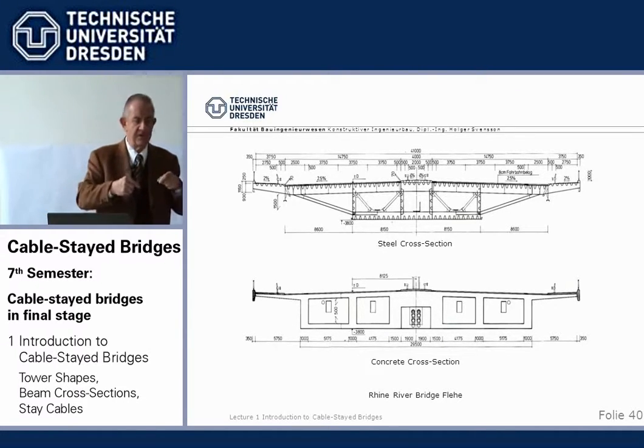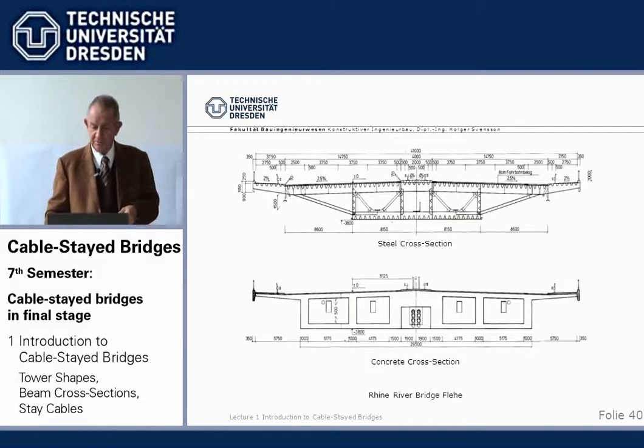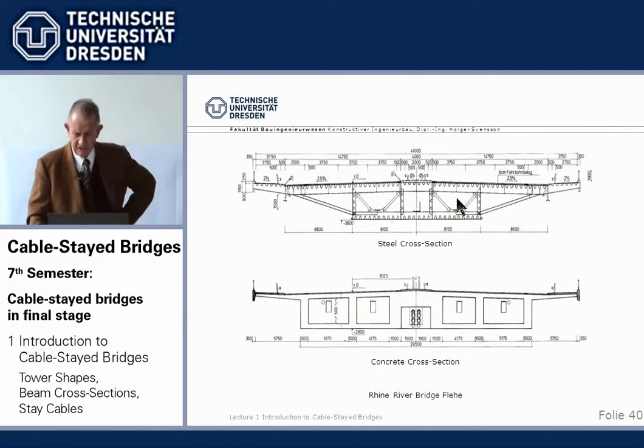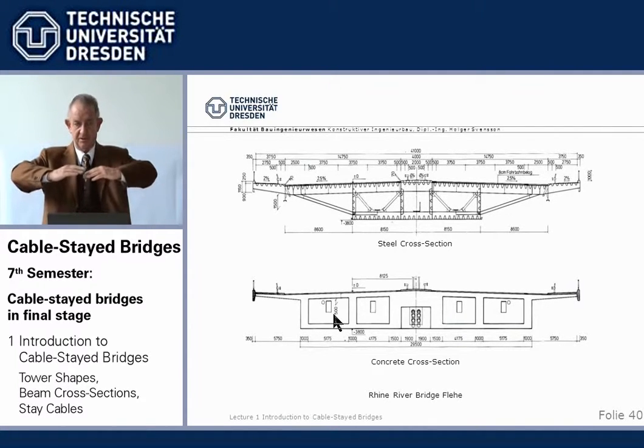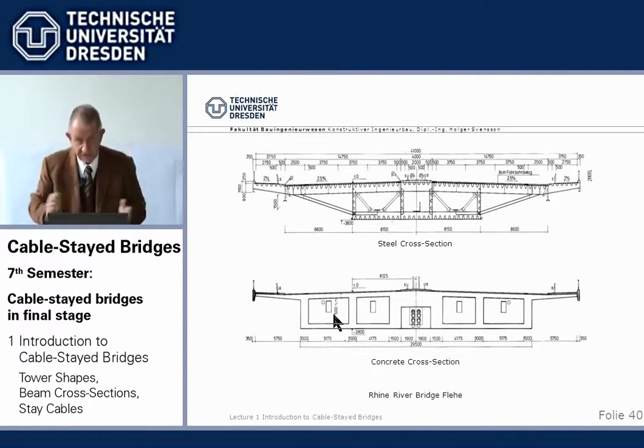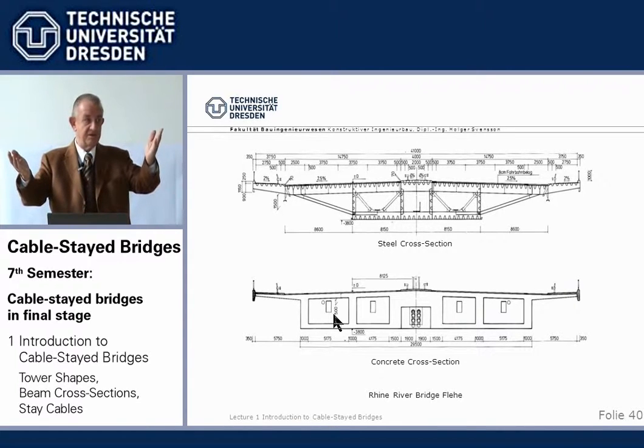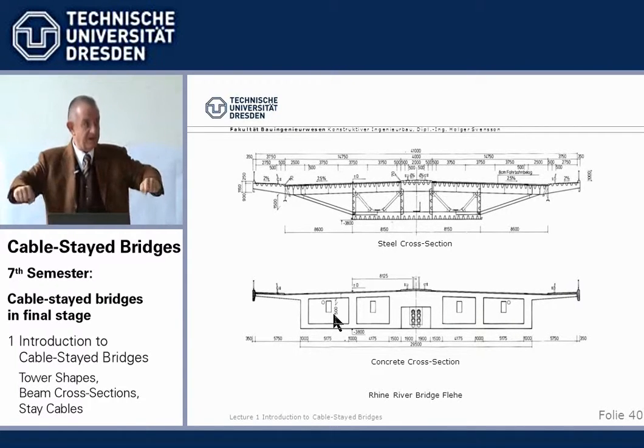And we see here a typical cross-section, example Flehe, Rhine River Bridge Flehe. We have an all-steel bridge in the center, and we have the same shape, but built in concrete for the side spans. So they prevent the main span, so to say, from sagging down, and the side spans from going up, they are counterweights.